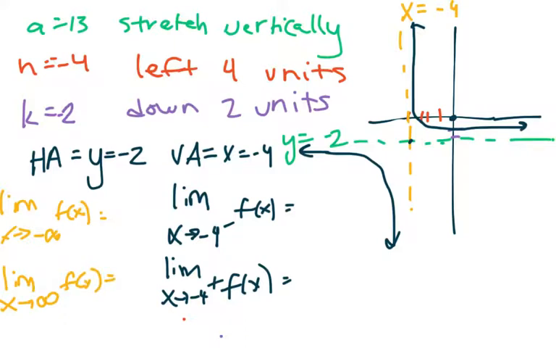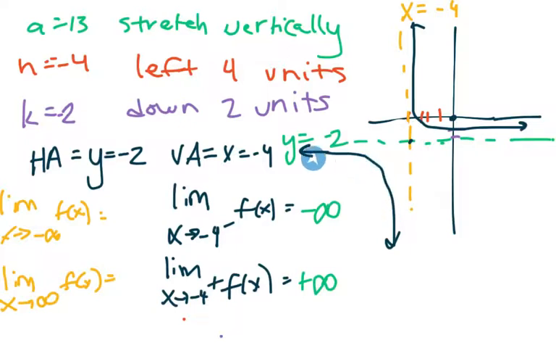So taking a look at this first one, the limit as x approaches negative 4 from the left. Over here, as it approaches negative 4, we're going to go down. Next one, as we approach negative 4 from the right, or the positive direction, we're going to end up going to positive infinity. Our next one is the limit as x goes to negative infinity.